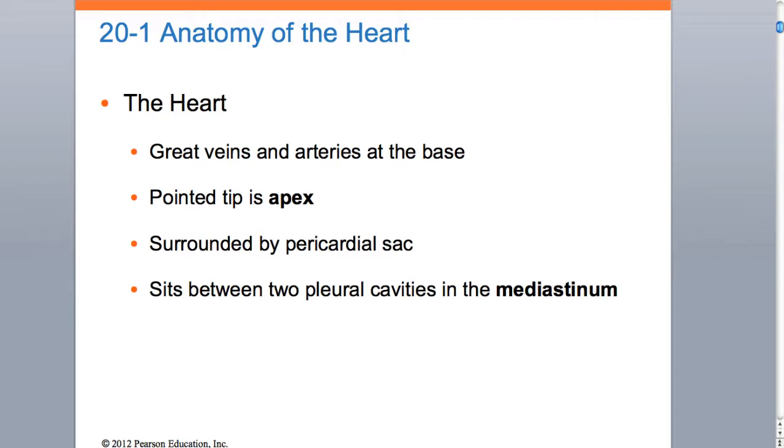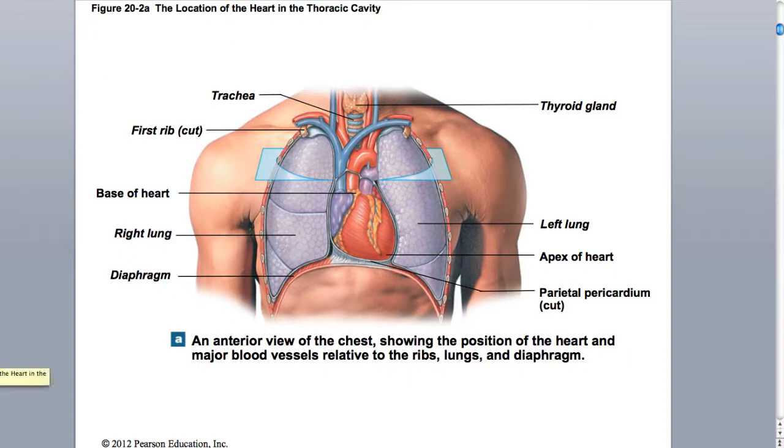Likewise, the word mediastinum that you see on the slide represents sort of a cushioned pocket for where the heart would sit in the chest cavity. So yes, the heart fits in the thoracic cavity, but it fits within the space called mediastinum. Okay, next we're on page 671.